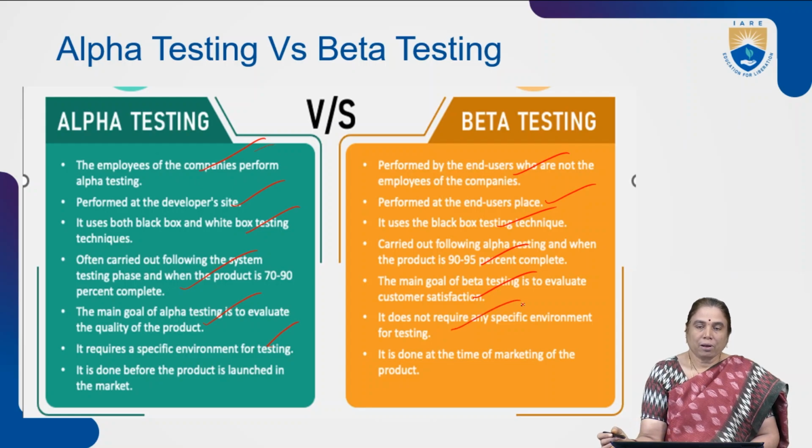The product is launched and can be made into use or put into operation. Alpha testing is done before the product is launched in the market. Beta testing is done at the time of marketing of the product. These are the basic differences between the two approaches of acceptance testing, that is alpha testing and beta testing.